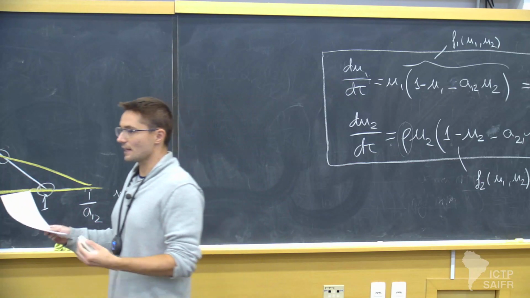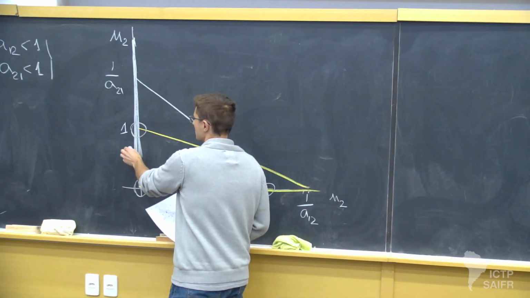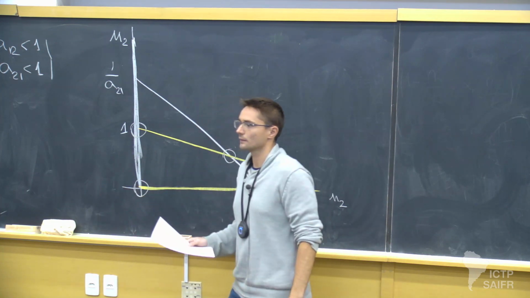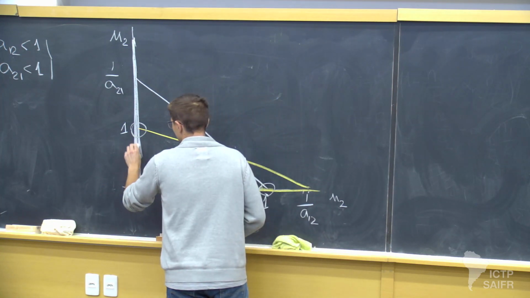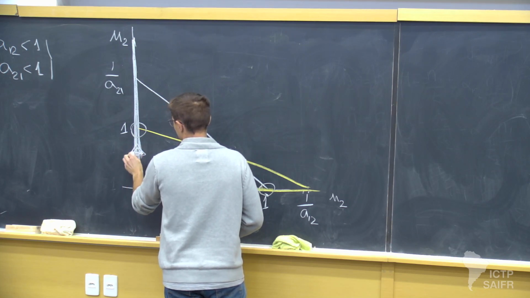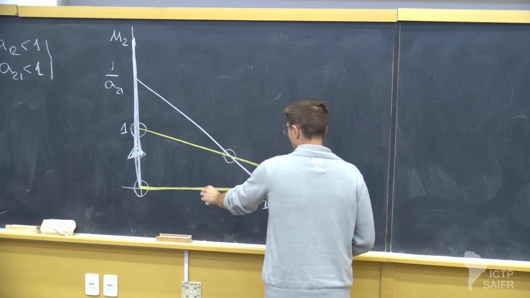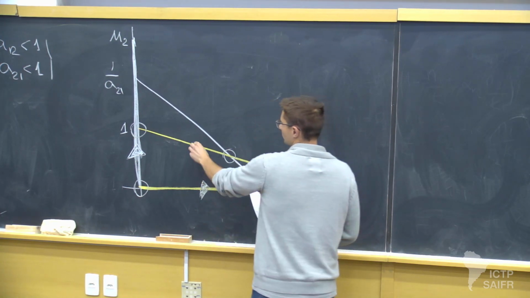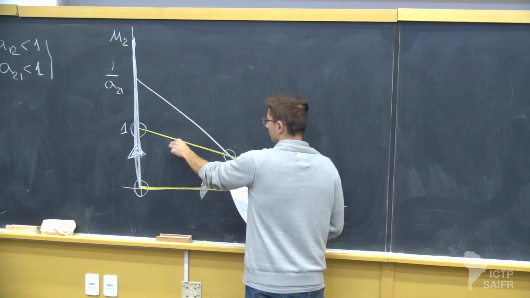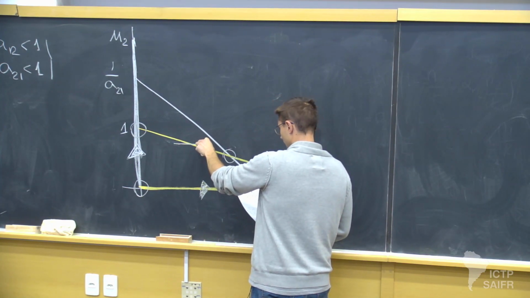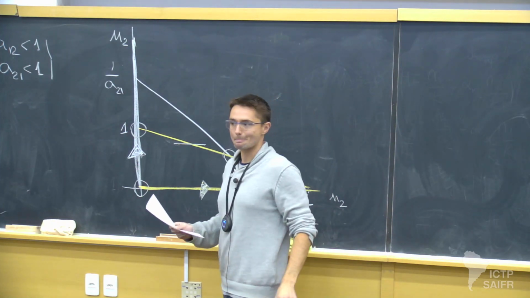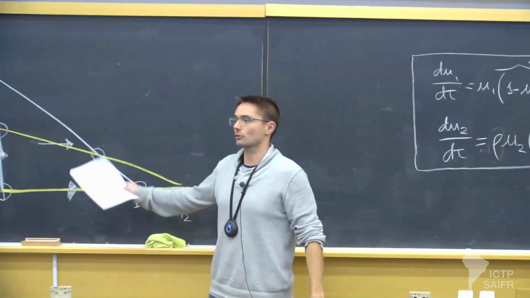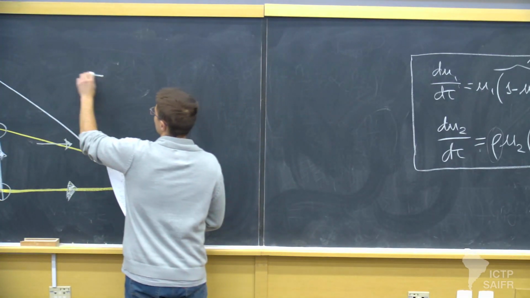If we now draw the same arrows, how would they go? How are the arrows going in this null line? Towards 1. Here, towards 1. This way, because I'm not crossing the null line yet. Here, this way.